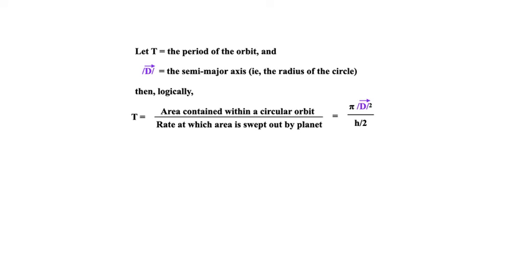Well, of course, the area within a circle is pi times d squared, and the rate at which area is swept out by a planet is h over 2, as we have previously shown. And we have also just shown that h for a circular orbit is simply the absolute value of the velocity times the absolute value of d, and furthermore, that the absolute value of v equals the square root of the quantity g times m divided by the absolute value of d.